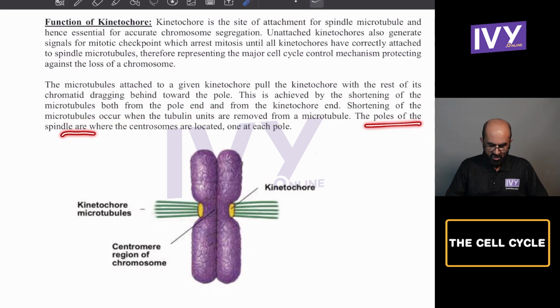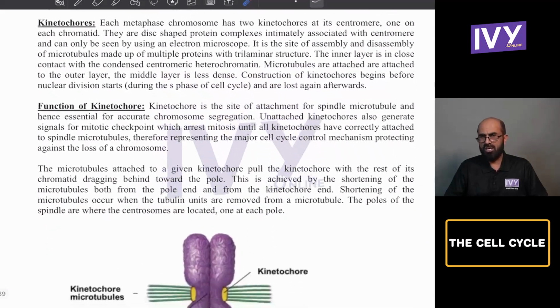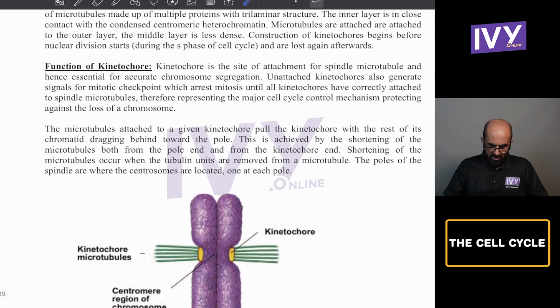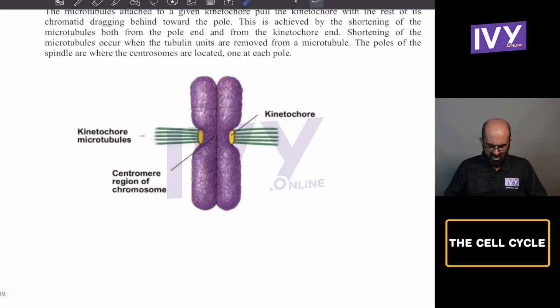The poles of the spindle are where the centrosomes are located. I told you what centrosomes are: the microtubule organizing center, a type of organelle having a condensed mass of cytoplasm located near the nucleus. So the chromosomes are located at each pole. Let's talk about the centrosome as well.